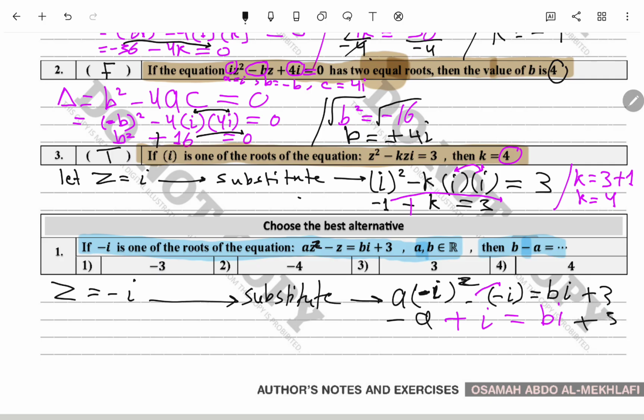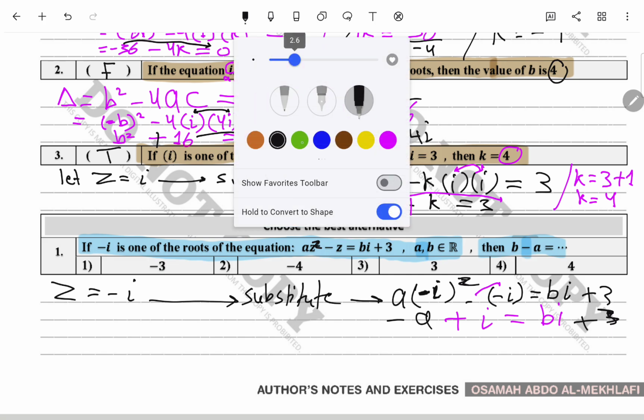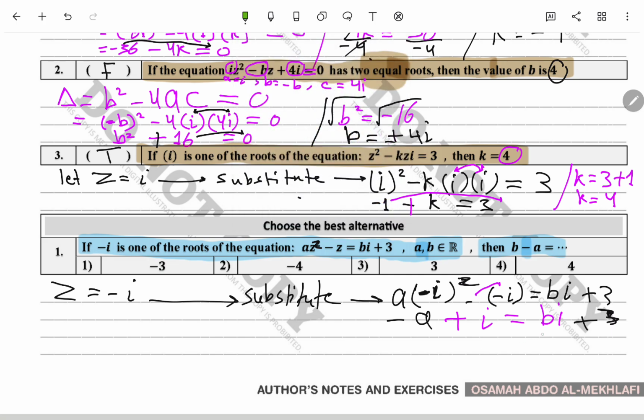So don't move anything, just try to equate real with real and imaginary with imaginary. Real, which has no i, we can equate them together by taking the real part equal to the real part. So that means we have negative a equals 3.